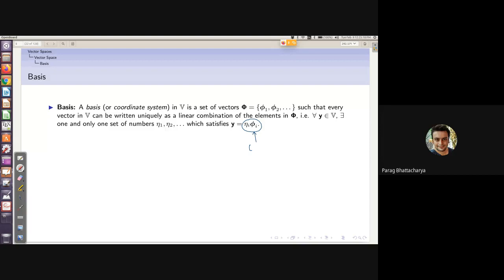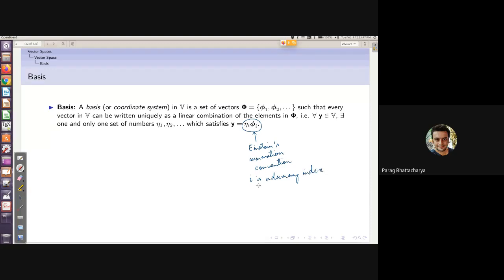This is known as Einstein's summation convention. Here i is a dummy index.